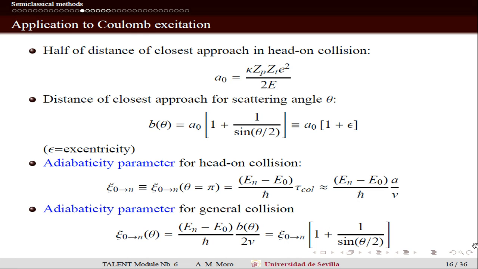In a head-on collision, remember, is a collision for zero impact parameter. So this is half of the distance of closest approach. This kappa here would correspond in international units to 1/4 pi epsilon 0, but in general we omit this in the expression, so I will omit it in the subsequent expressions.